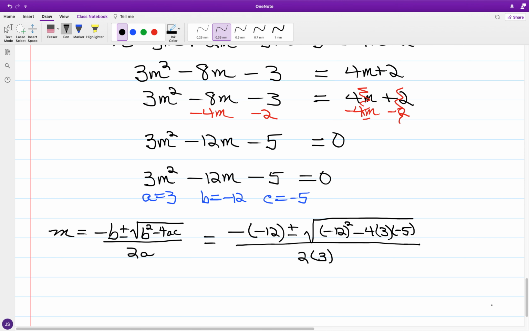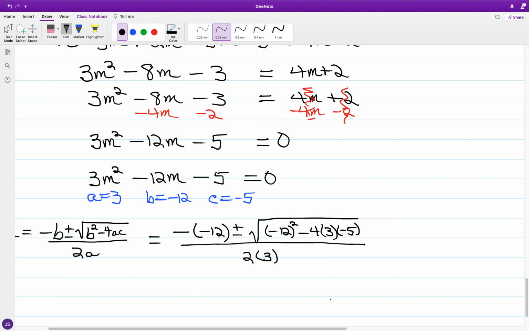All right, and just to mention the numbers here. For what we have inside the radical, I have negative 12 squared, and this would be 144. Now, negative 4 times 3 is negative 12, and negative 12 times negative 5, a negative times a negative is a positive, so that's going to be a positive 60.